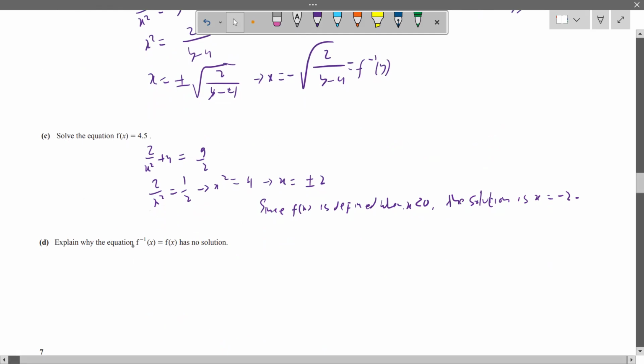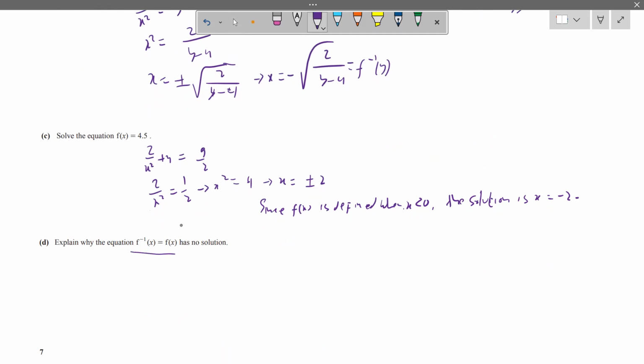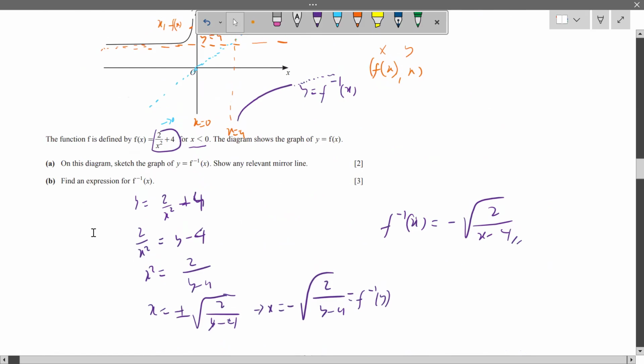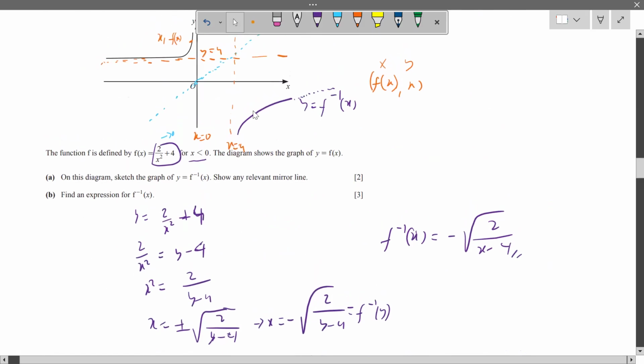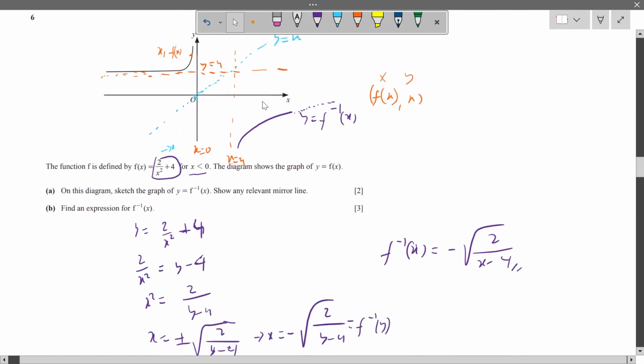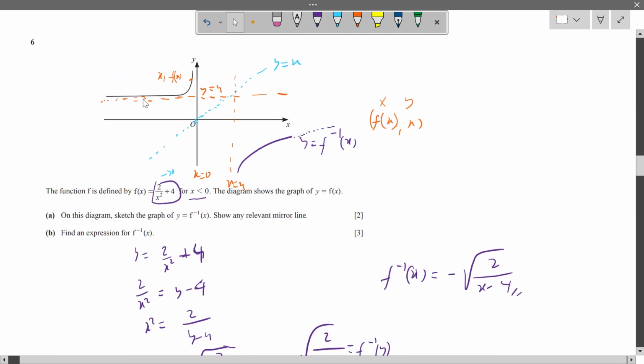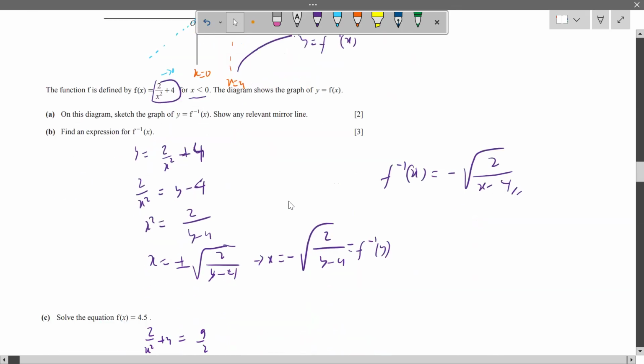Now, explain why this equation does not have any solutions. This can be reasoned by using the graph that we drew earlier. By inspection, we know that f of x here, which is only defined for x less than 0, cannot have any common points with the graph y equals f inverse x.